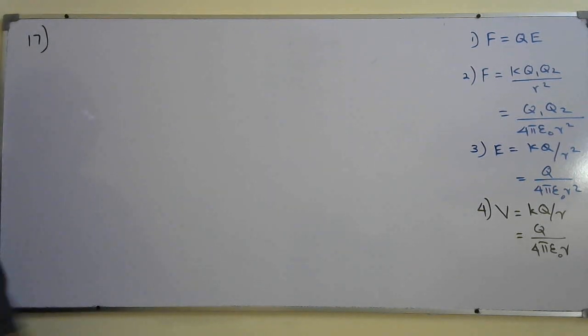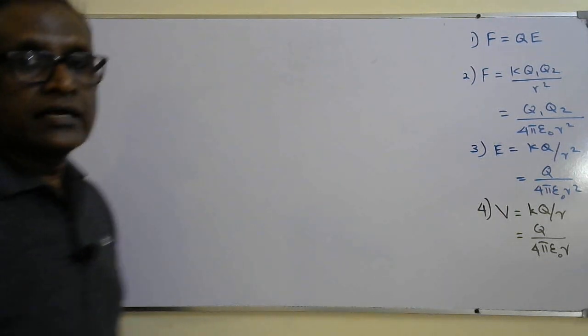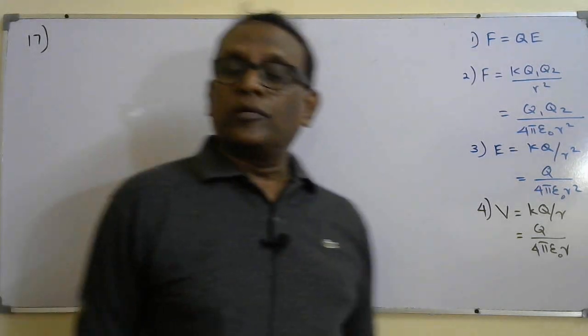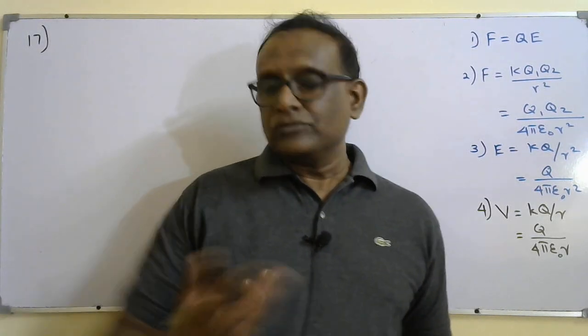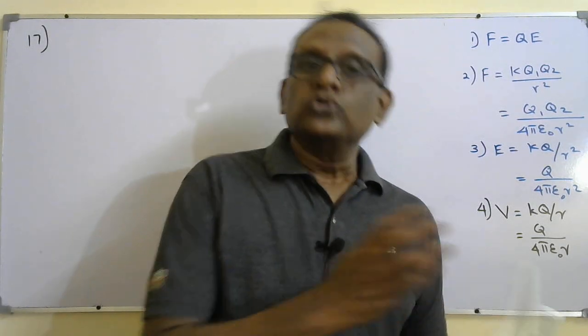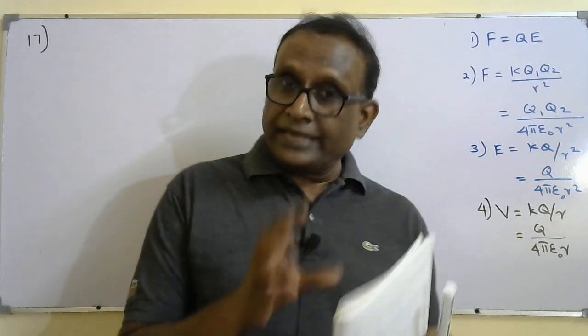We know that the equation V equals kQ over r is applicable only for a point charge, but we can use this, as I used earlier, for a metal sphere.